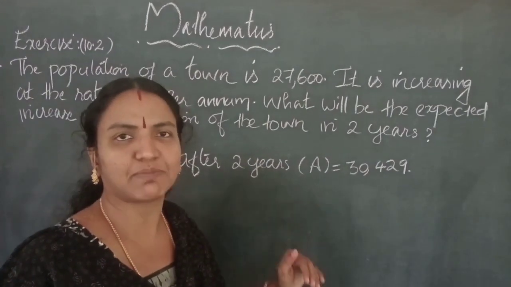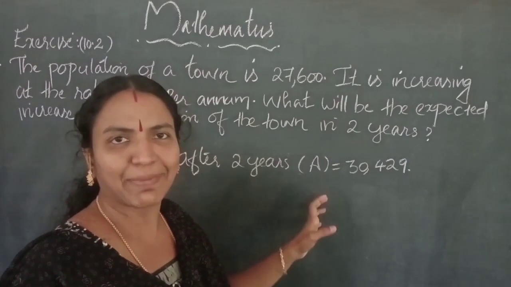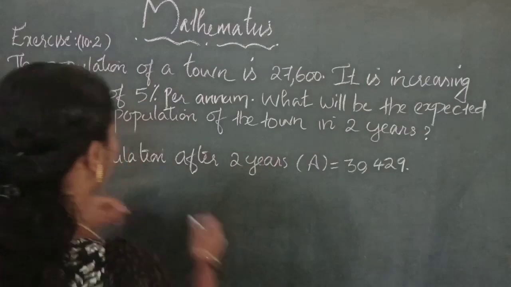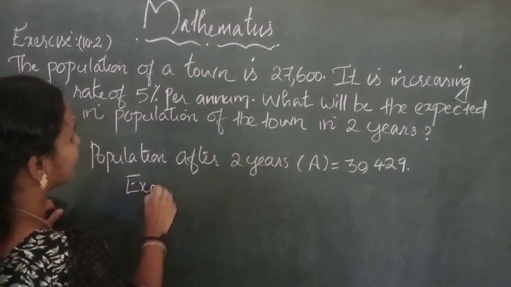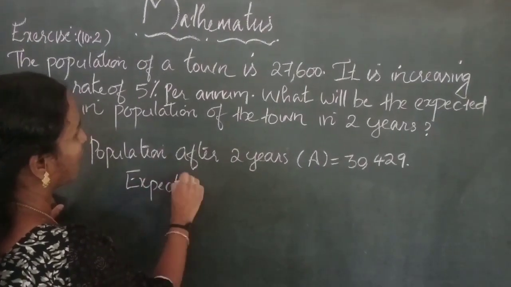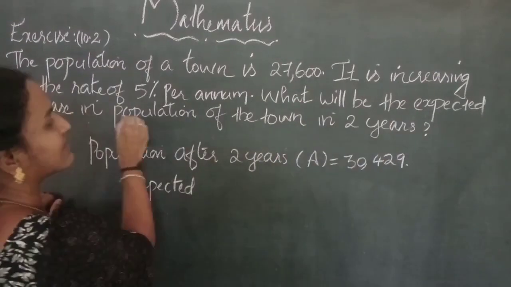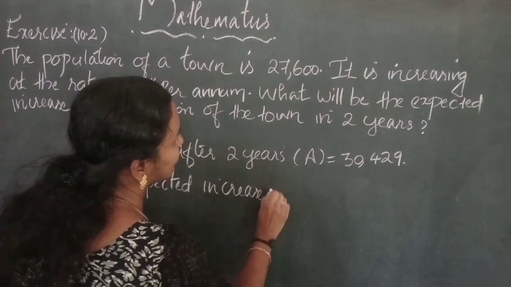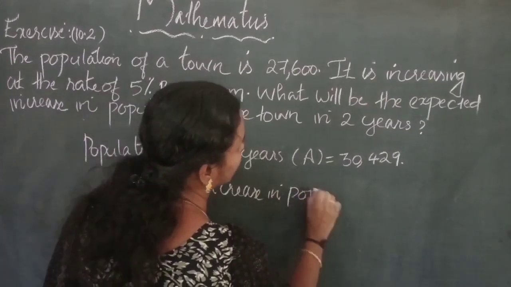The expected increase in population is equal to A minus P. This is A and this is P. So we have to find the expected increase in the population.